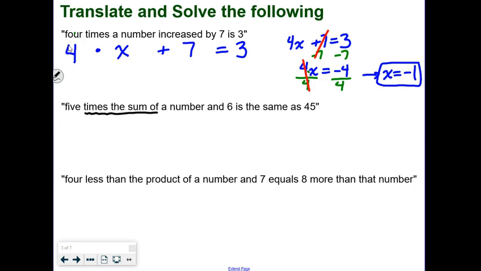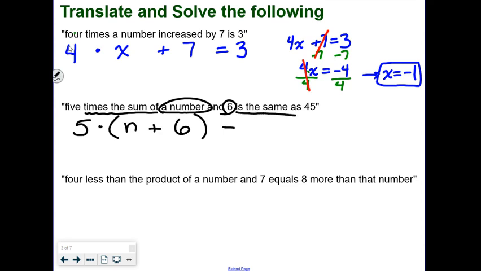So we've got 5 being multiplied to something in parentheses, and it's a sum, so it's going to be two things being added. The things that we're adding are a number and 6. So 6 and then a number that can be a variable. This time I'll use n. Is the same as, that's an equal sign, 45.